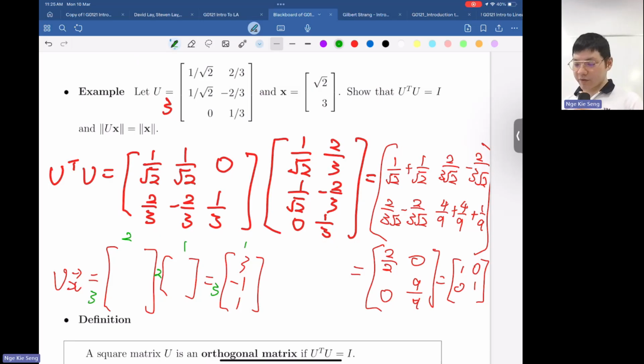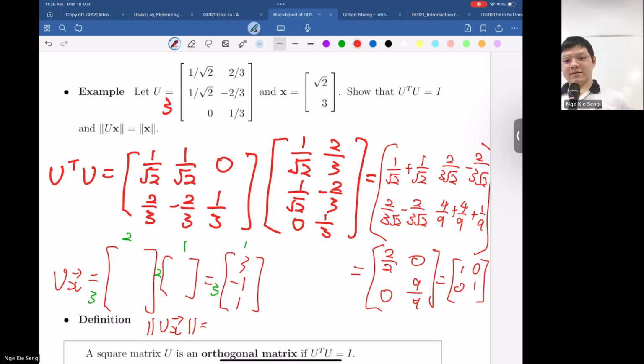So what's the length of Ux? Square root 11.